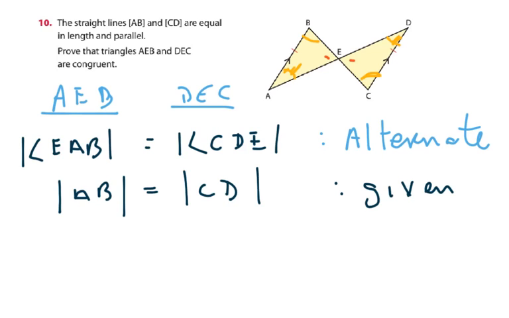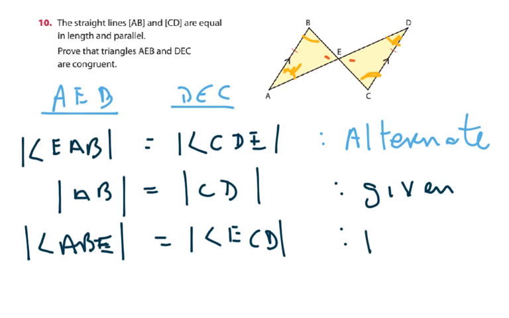And then the third angle we're looking at is this third angle here, this ABE angle. Now the angle ABE, and it's quite easy to get mixed up with your angle names here, so be careful. So ABE, that angle there, is equal to the angle ECD. And that is also because they're alternate.